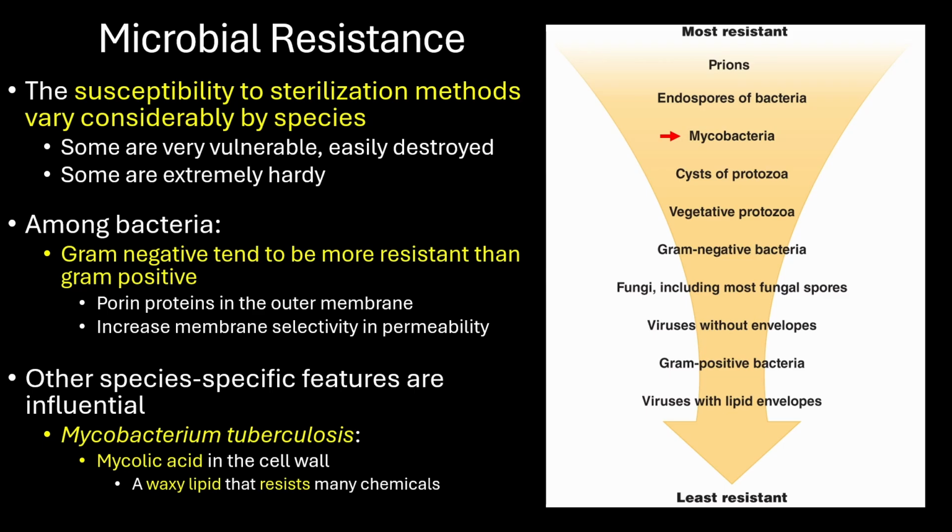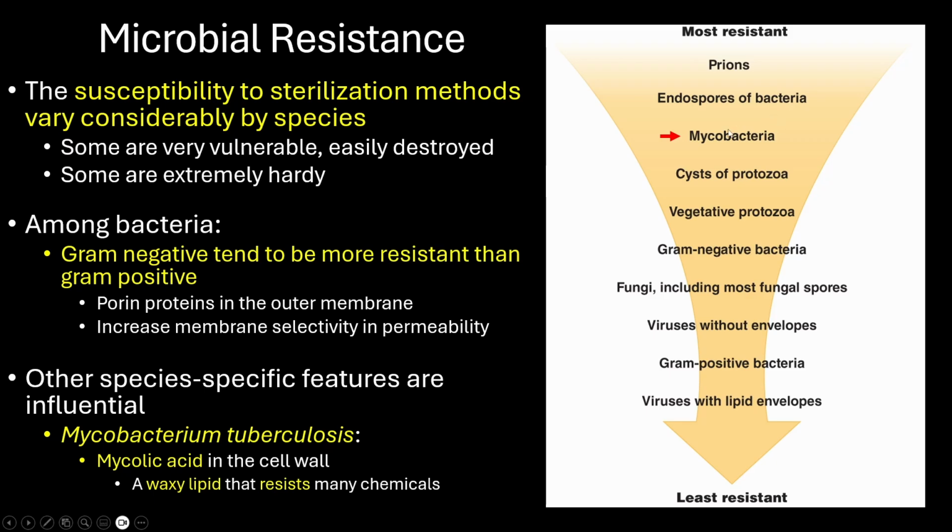Those cysts, just like an endospore, they're really hardy, they're really long-lasting and tough, and they can resist a lot of things that would normally be very effective at destroying a protozoan.